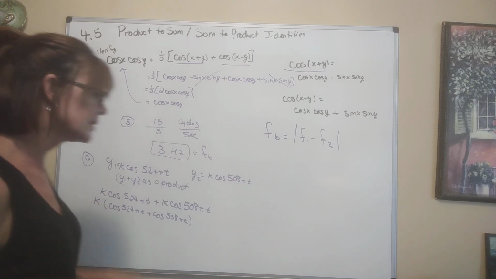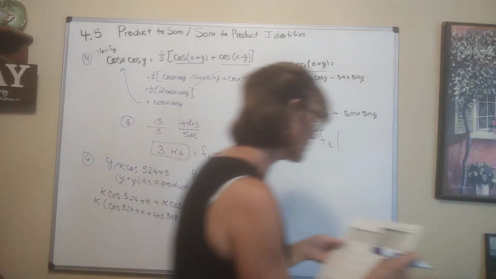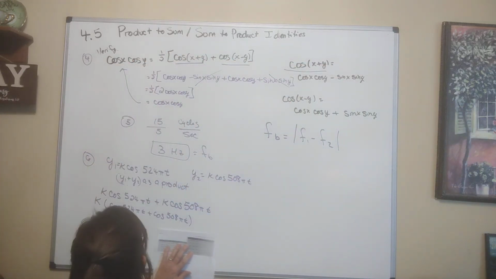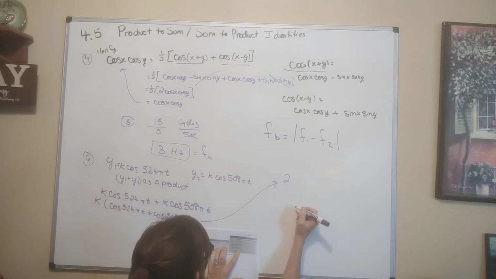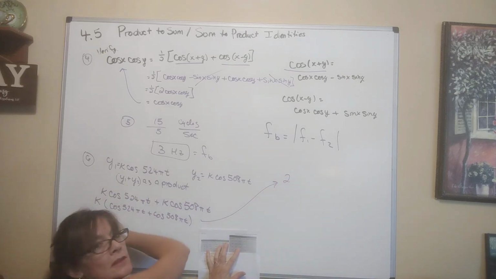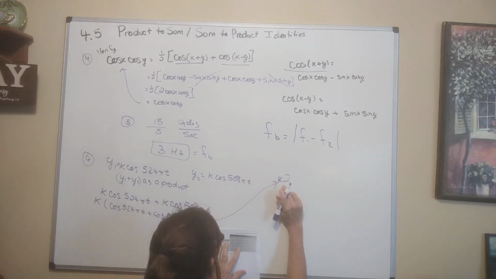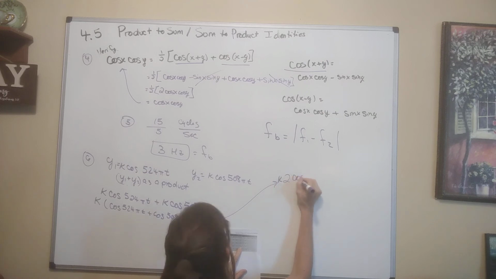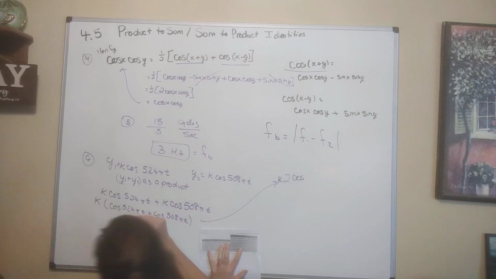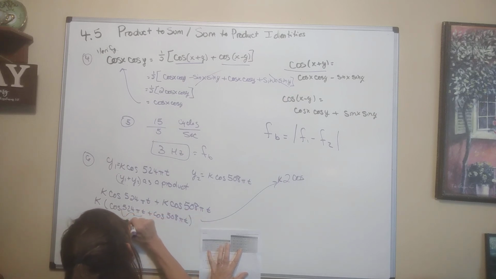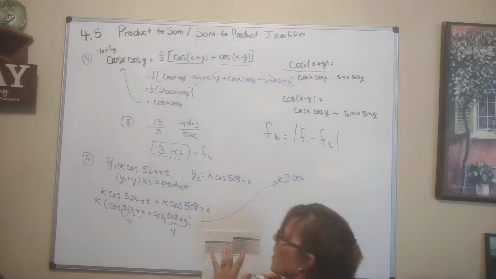Let's use the identity: the cosine of an angle plus the cosine of another angle is equal to 2 times the cosine of (x plus y)/2 times the cosine of (x minus y)/2. I want to keep the K in there. So this is K times 2, the cosine of x plus y. Here x is 524 pi t, and y is 508 pi t.